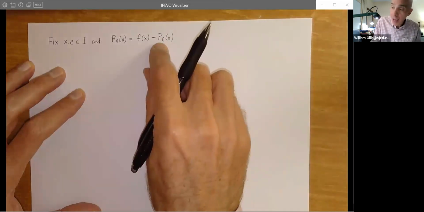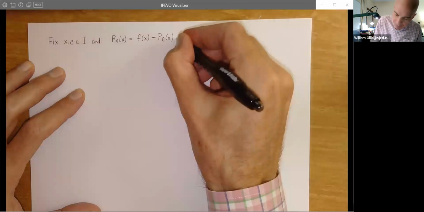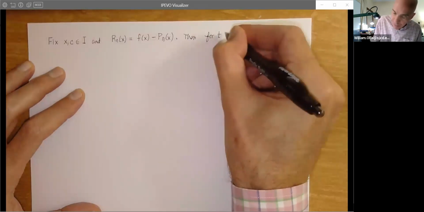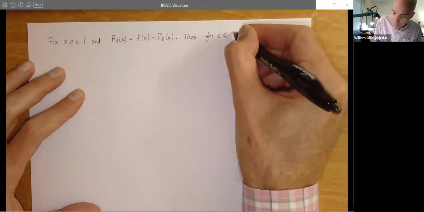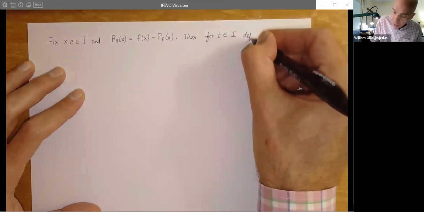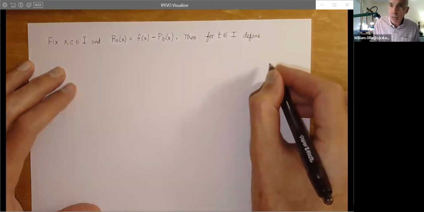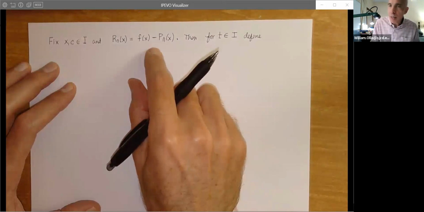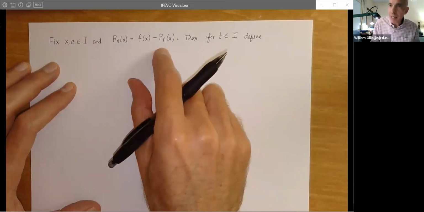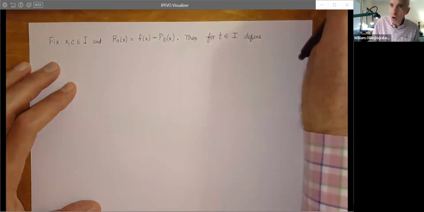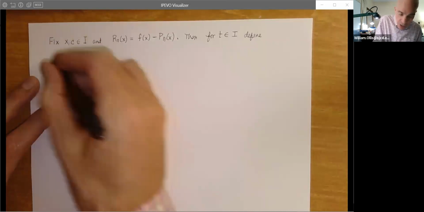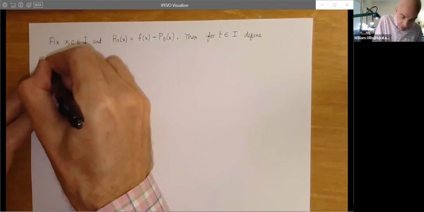And then for t an element of I, we're going to define some function that basically looks like this, and then apply Rolle's theorem to it and get the remainder term based on what I just wrote from the Taylor's theorem. So here's what the function looks like. We're going to call it a function of t.